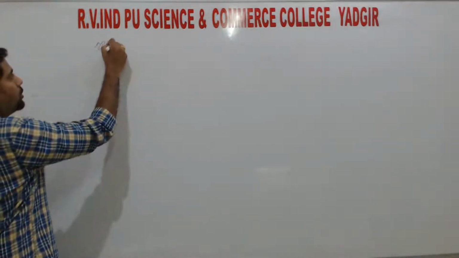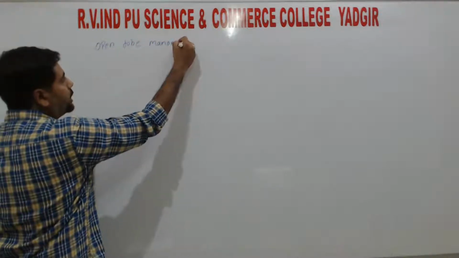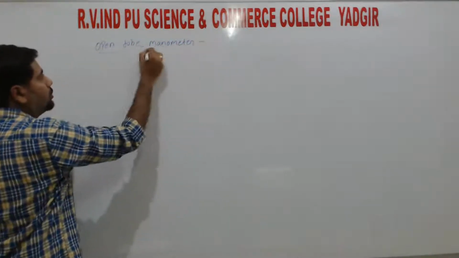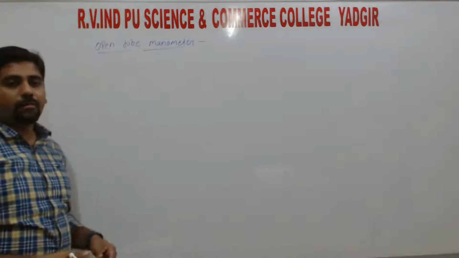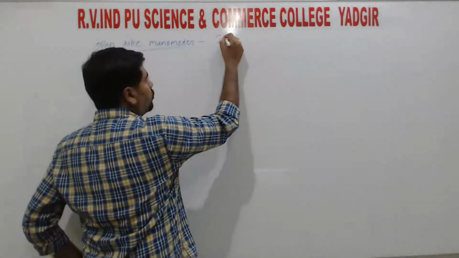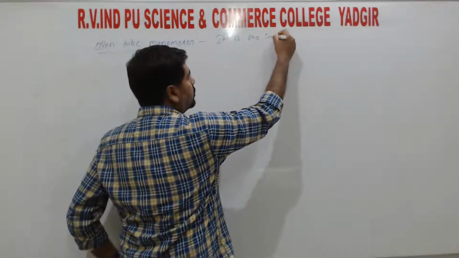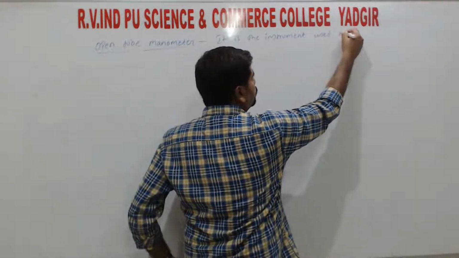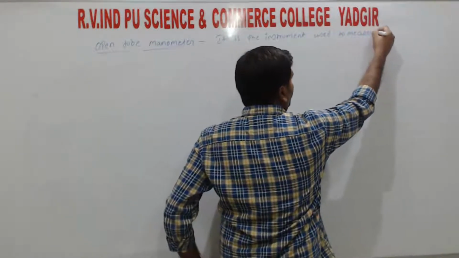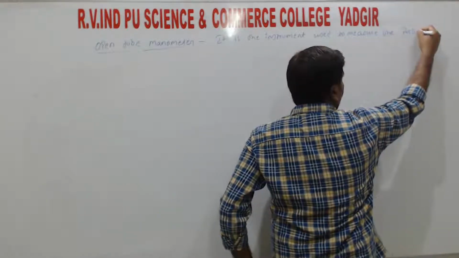That is the open tube manometer. So what is an open tube manometer, right? It is a device which is used to measure the pressure difference, right? It is an instrument used to measure the pressure difference.